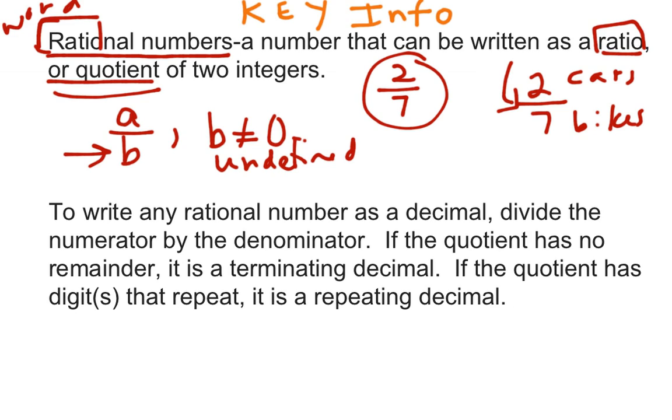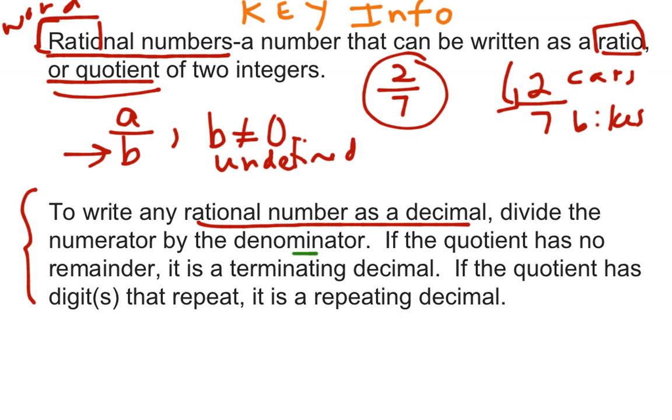I also want you to write this information about how you should convert a rational number into a decimal. You can convert a rational number to a decimal by doing division. You divide the numerator by the denominator, and then you can get one of two results.